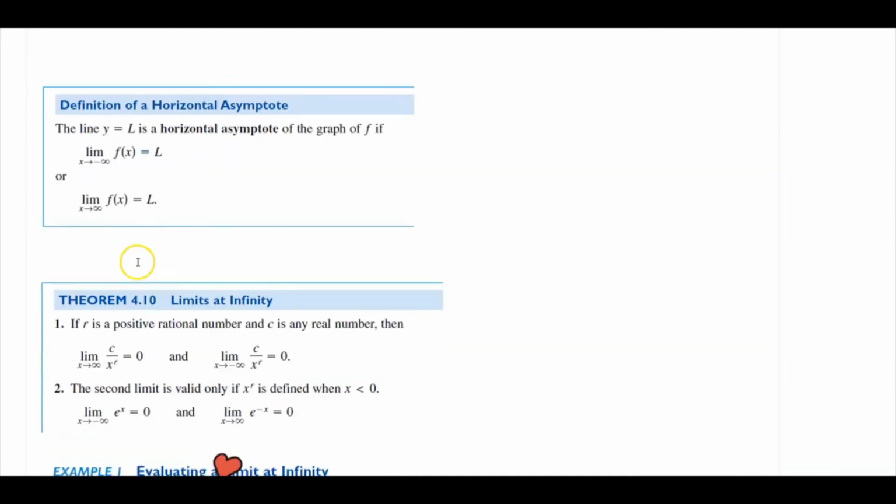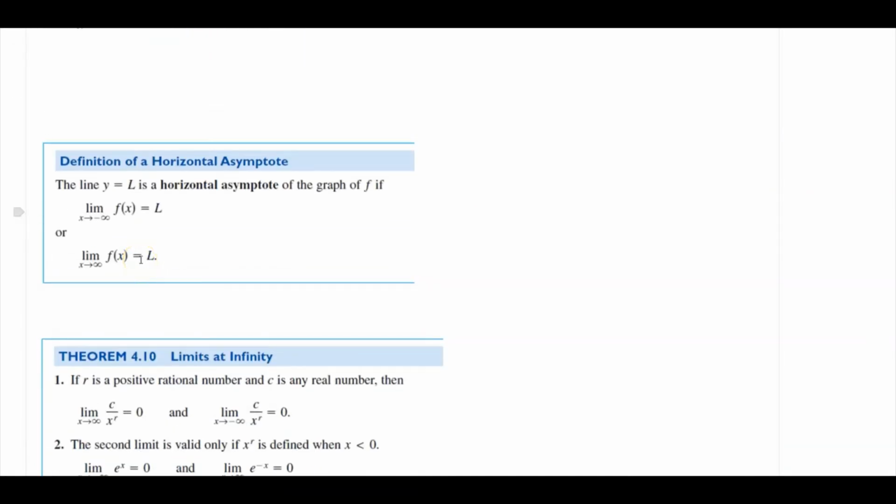And here's a nice little picture of that. So as our function keeps going, even though it's oscillating, we're looking within this epsilon band of L after an M x value. After some M value, all of the x values that we put in are going to get within an epsilon band of the L.